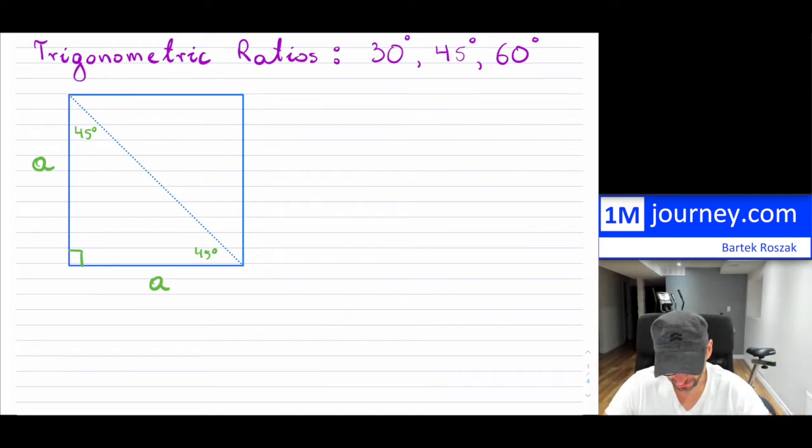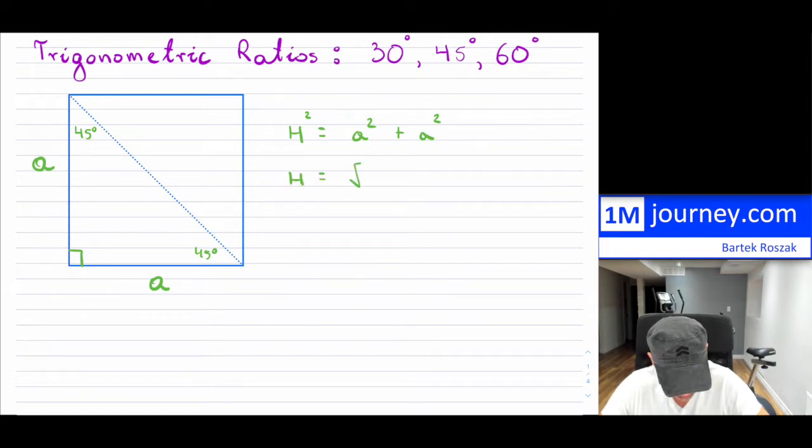Okay, the only thing I don't know is my hypotenuse. But the hypotenuse is very easy to find. Let's call it h. Then h squared is equal to a squared plus a squared, which is 2a squared, because we have two of them.